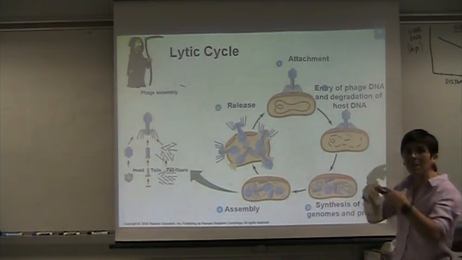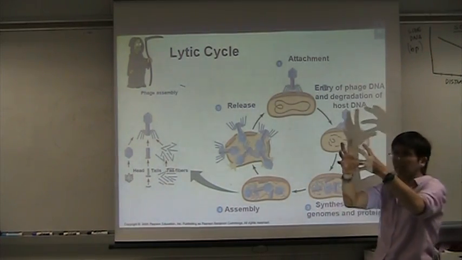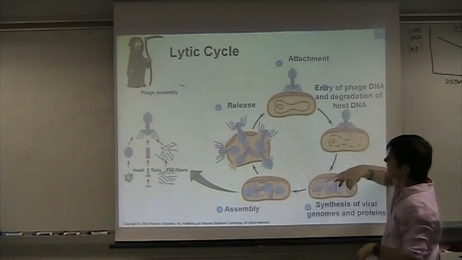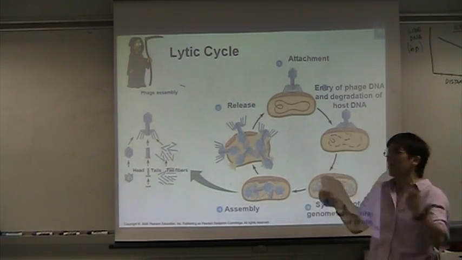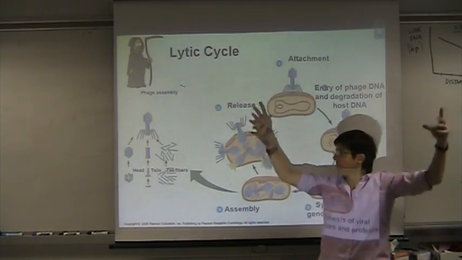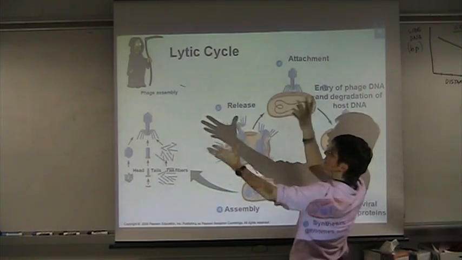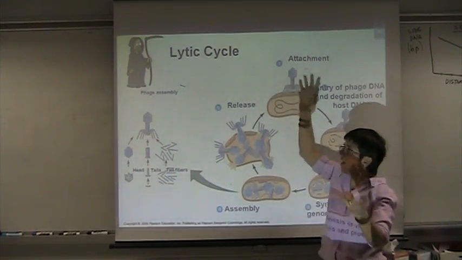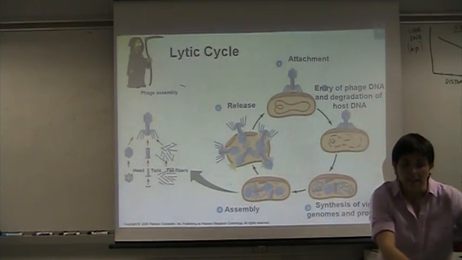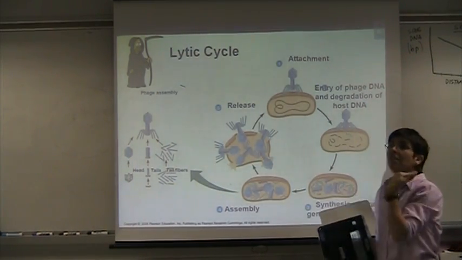When all the elements are inside the bacterial cell, these elements basically self-assemble, and since the machinery keeps on making and making more viruses, the cell just cannot hold them anymore and poof, blows up. And that's the end of the cell, and all the bacteriophages get released and they are free to go and infect another cell. So this is the lytic cycle.